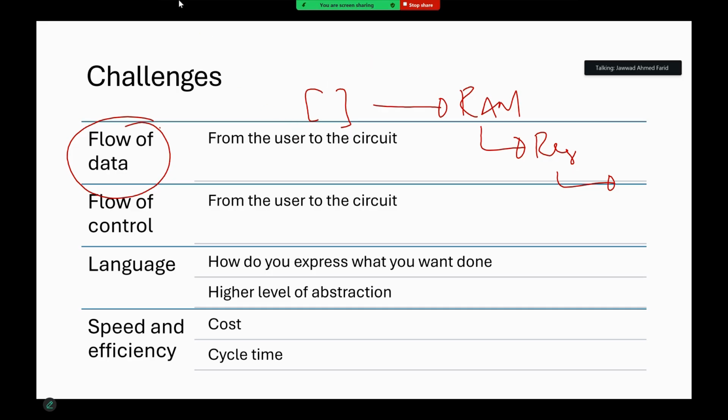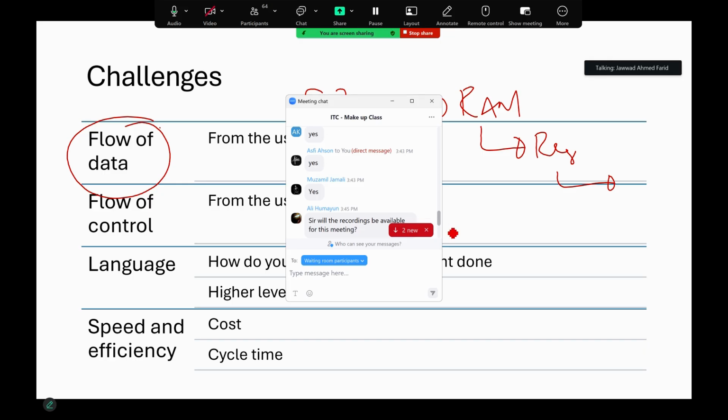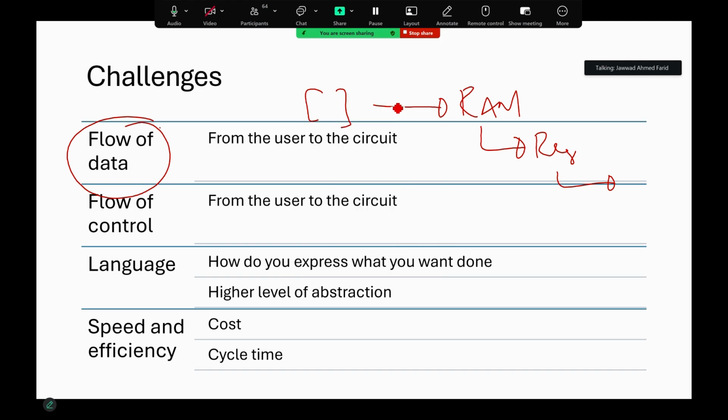So this is flow of data, and this flow of data is also dependent on how information is captured. And then from register to your processing element. If I have a matmul, that's my PE. If I have a systolic element, that's my PE. If I have a RNC, that's my PE. So RAM to register to processing, this is one flow of information.